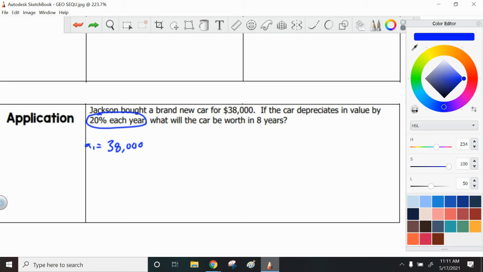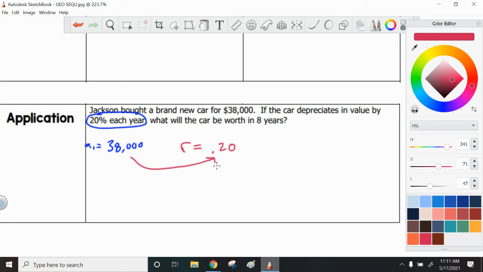See, a lot of students would say that our ratio would be 0.2 because they would say, you know, we're 20%. But that means that we're going to be making our number into 20% of this.